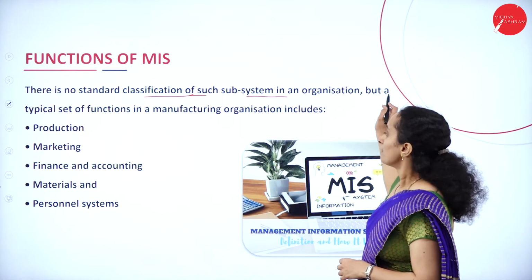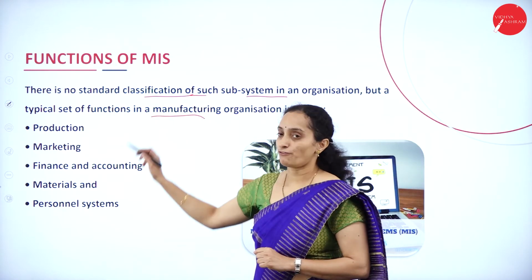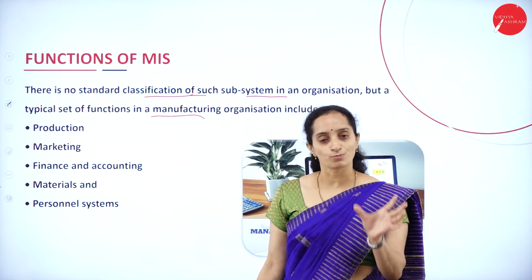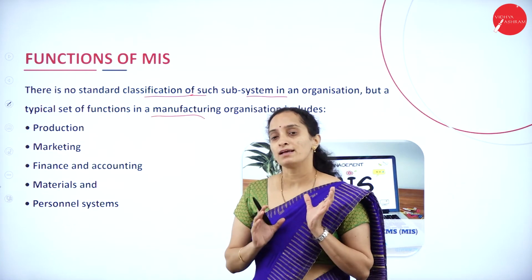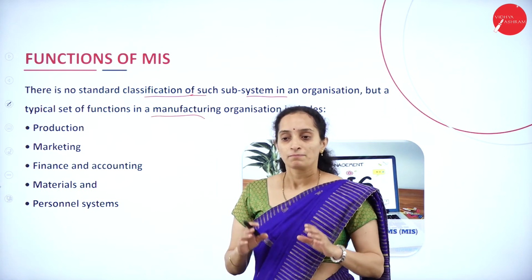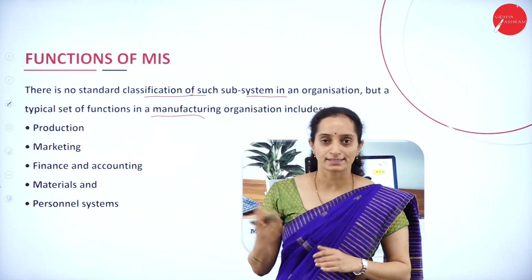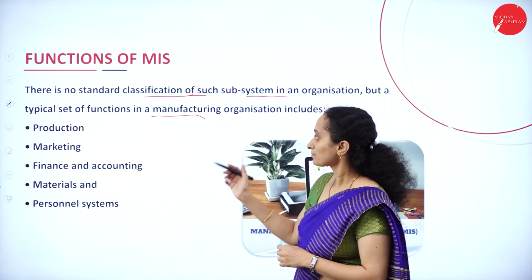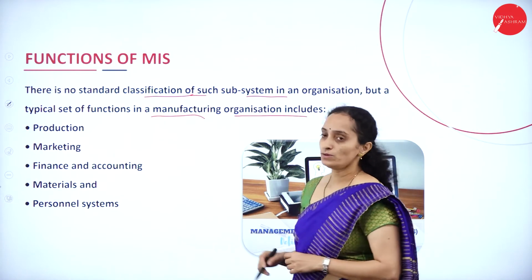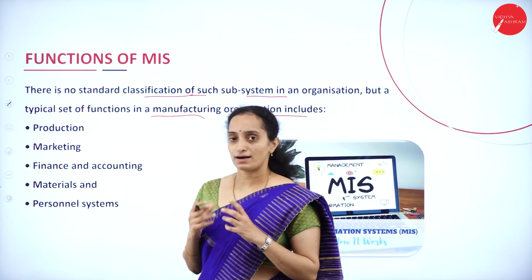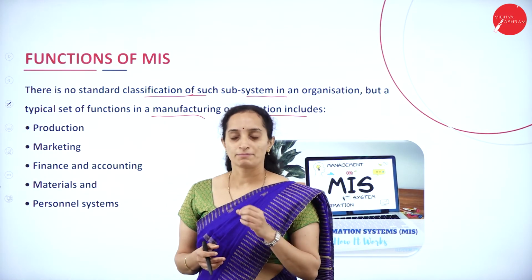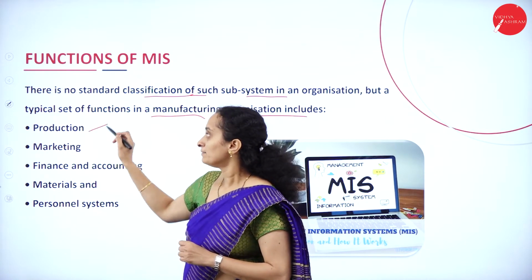But a typical set of functions, a group of a certain kind of industry will have certain departments, but another kind of business or industry will have a different set of departments, okay, which includes the normal industry departments or functionalities.